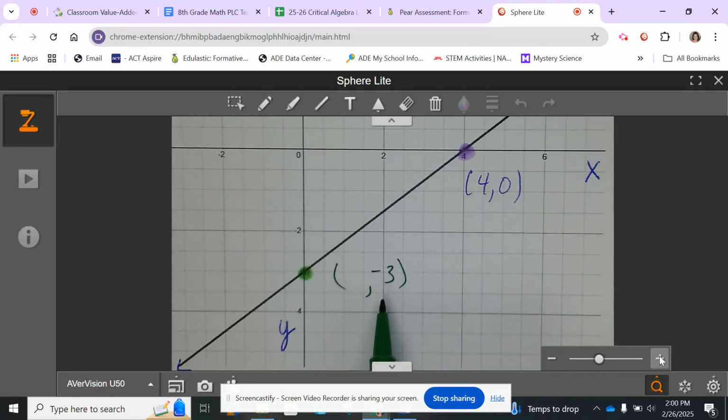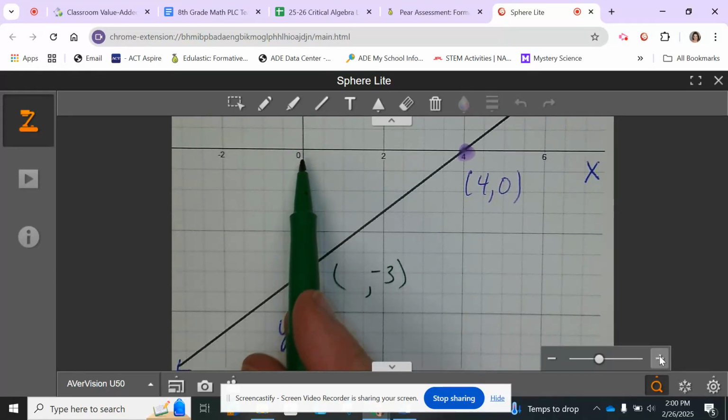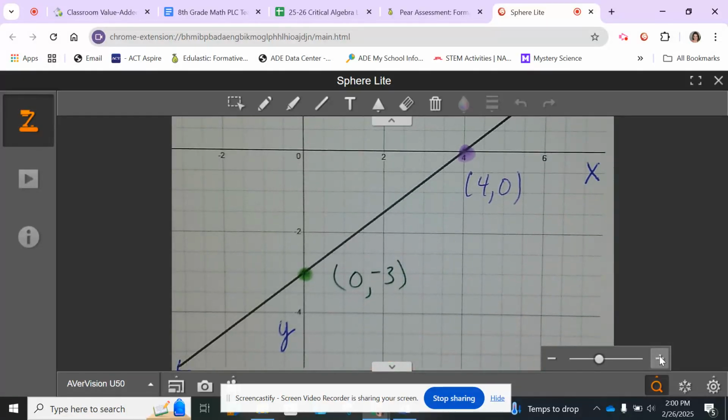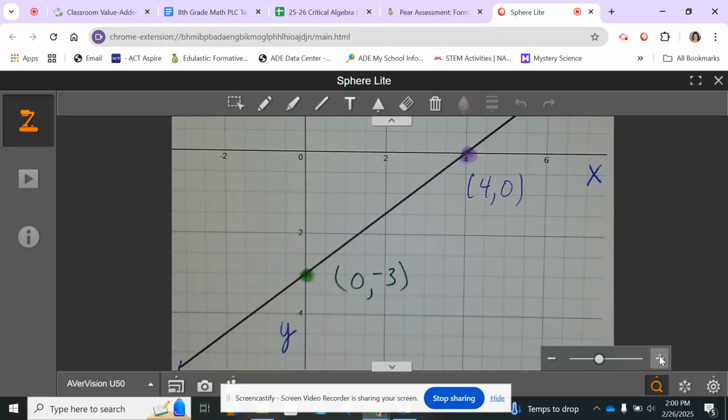Y-intercept, so y value of the point, and I didn't move left or right, so of course that means my x is 0. That again is always going to be the case with any y-intercept. The only time it's going to be able to intercept the y-axis is if the x value is 0. Alright, so now you try this one. Just tell me what the x and y intercepts are when it's already graphed.